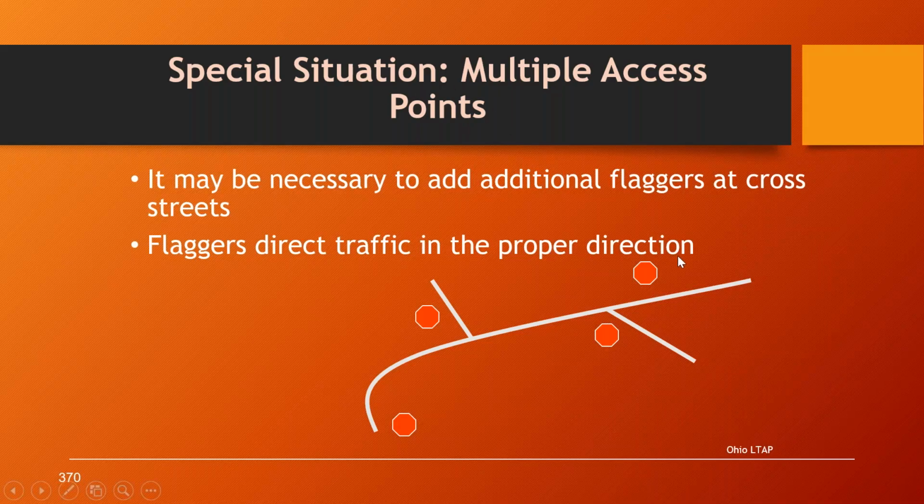Then you have multiple access points. As you can see, sometimes you have a long operation with intersections in between. So it may be necessary to add additional flaggers at these cross streets so that the flagger can direct traffic in the proper direction, so that cars aren't turning in, making a turn out where traffic might be coming at them.